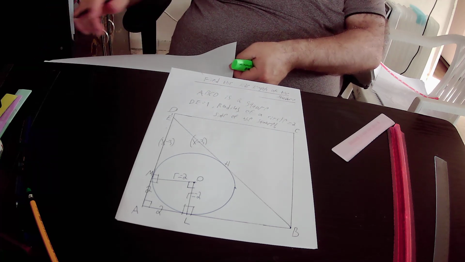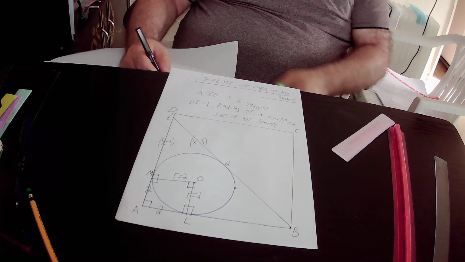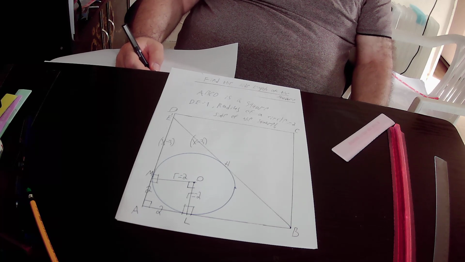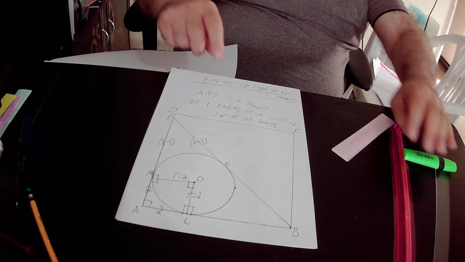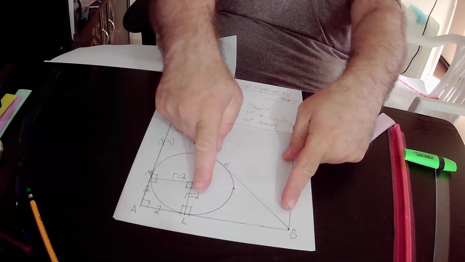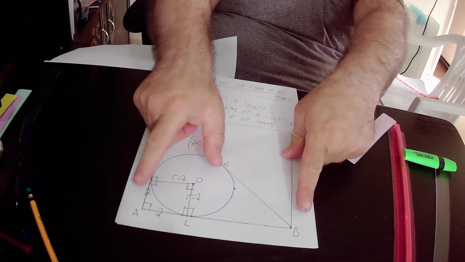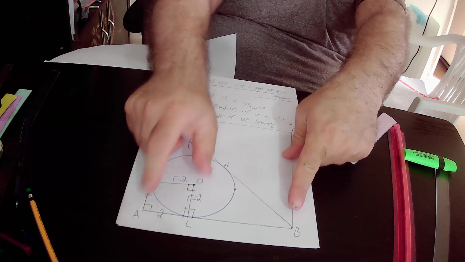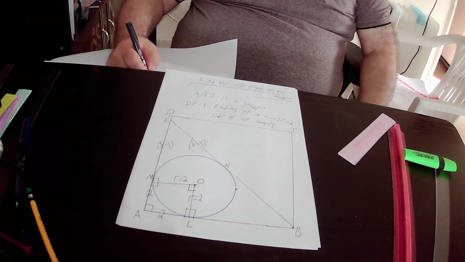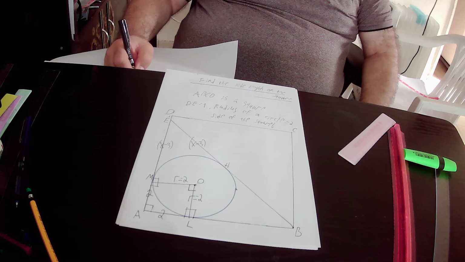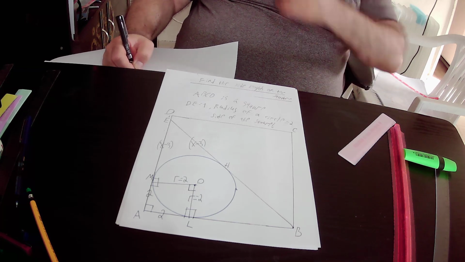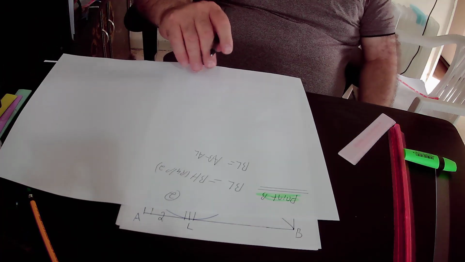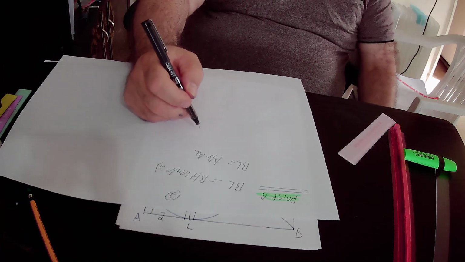So what is the length of BL? From the drawing it is very easy to see that BL equals AB minus AL.